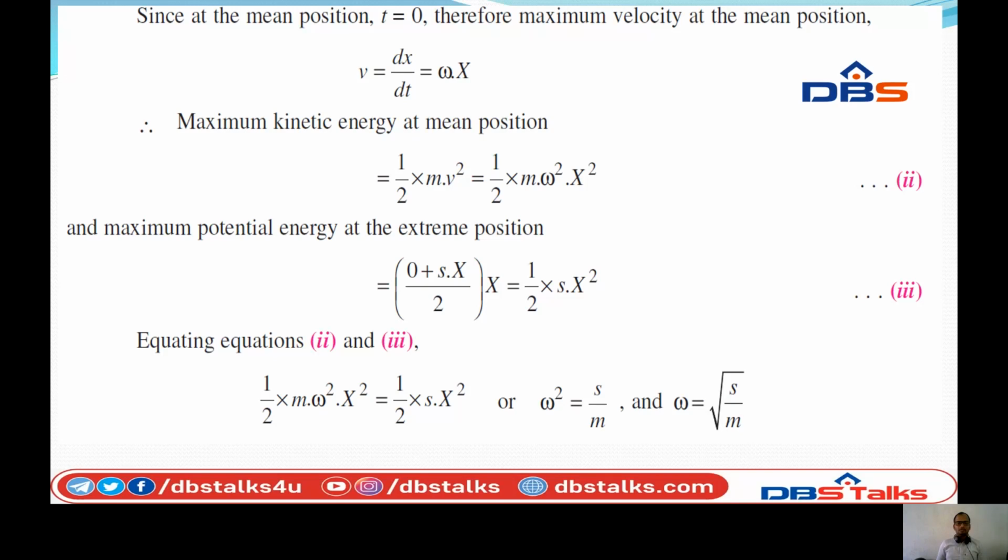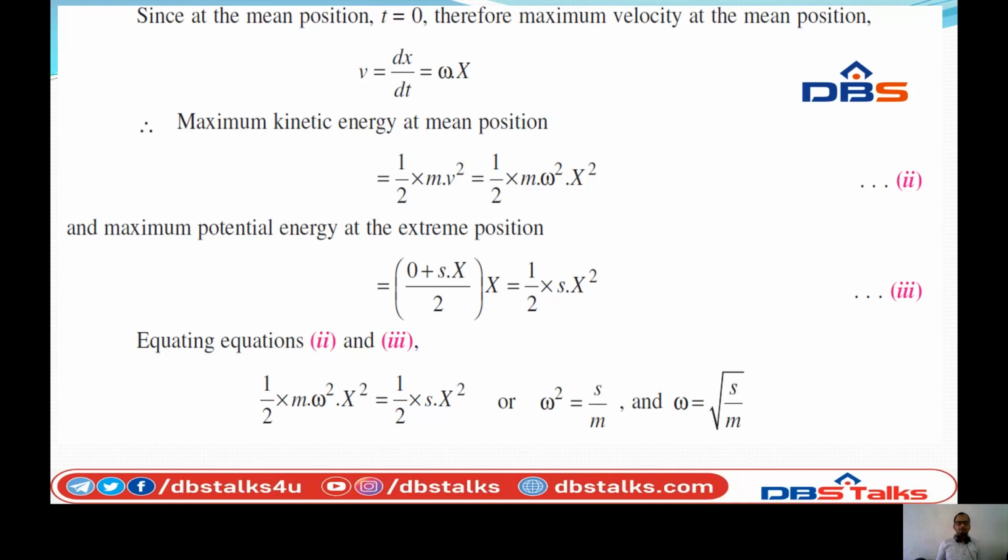Since we said initially that maximum KE is equal to maximum PE, equating these two, half m omega square X square equals half s X square. X square cancels, half cancels, so m omega square equals s. Then omega square equals s by m, so omega equals square root of s by m.